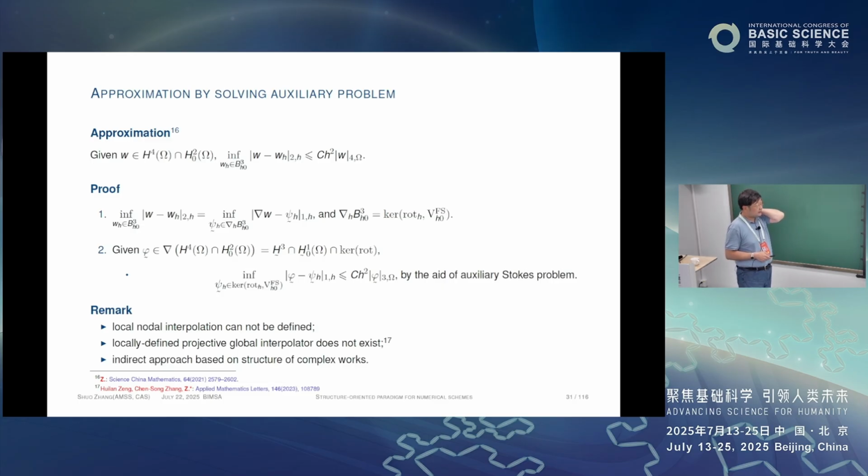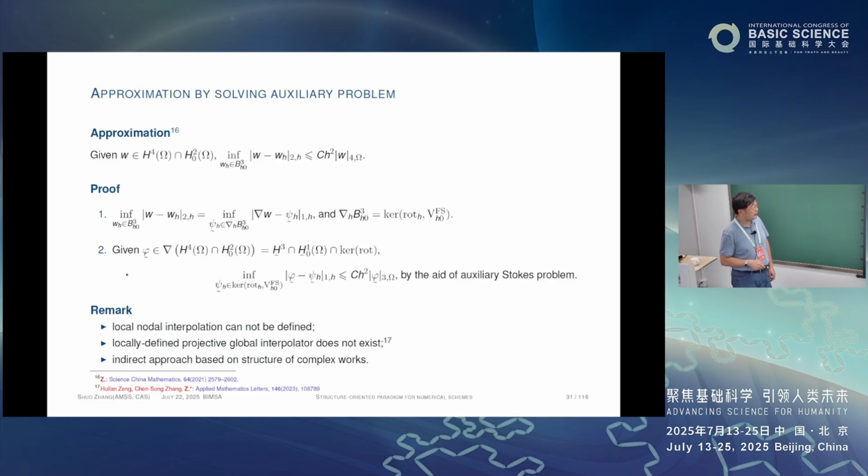The key point is that for this space, there is a normal derivative at the edge. But for this space, there is no continuity restriction on the derivative. That is to say, the space is very flexible, and it is easy to find its structure and to use. That's the point.